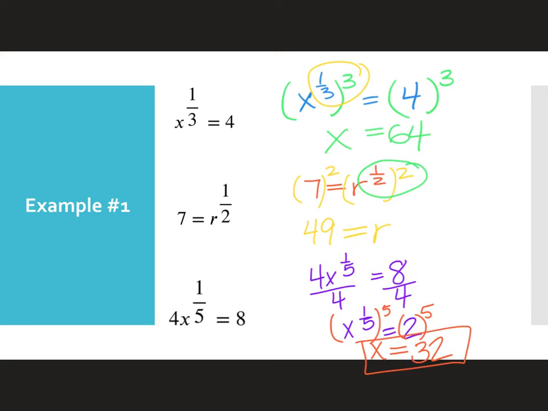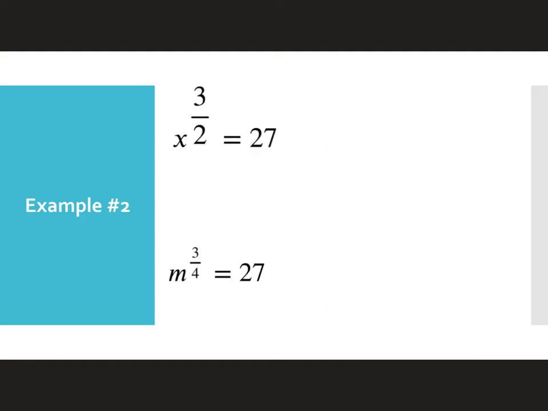Let's get a little bit more difficult. In the next examples, we have rational exponents that have something other than 1 in the numerator. So I have x to the 3/2 is equal to 27. I'm going to raise both sides this time to the 2/3 power.